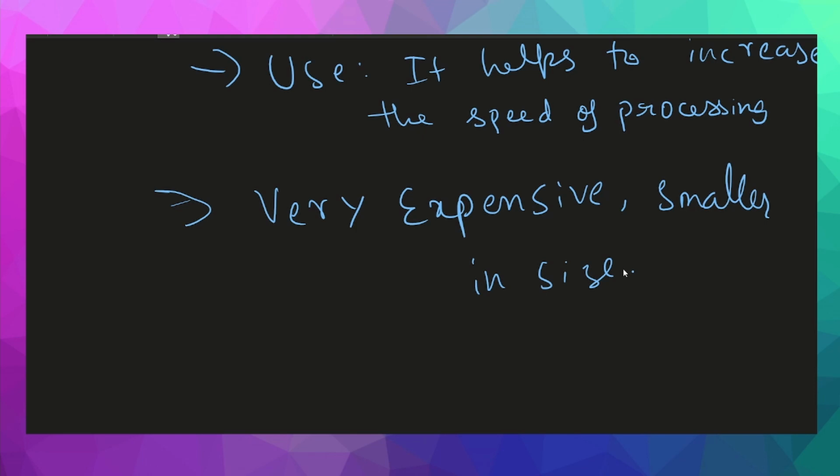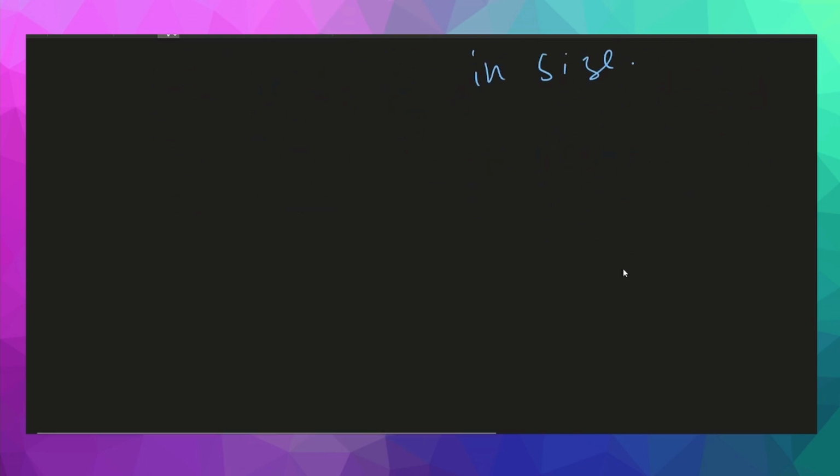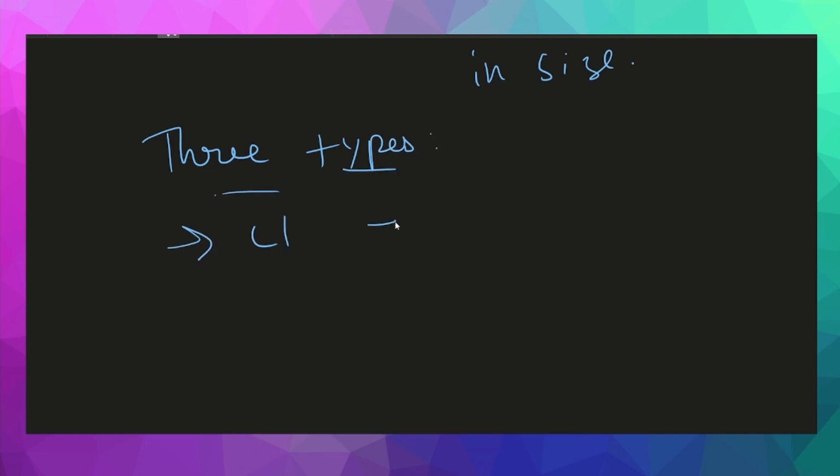Then in cache there are three types: L1, L2 and L3 cache. Now the L1 is inside the CPU with the registers.